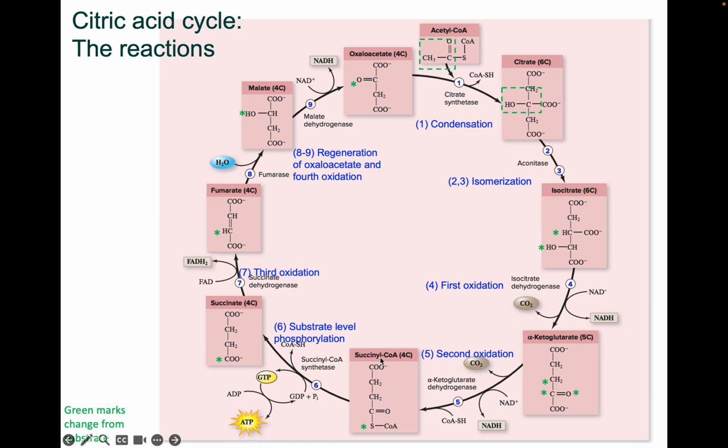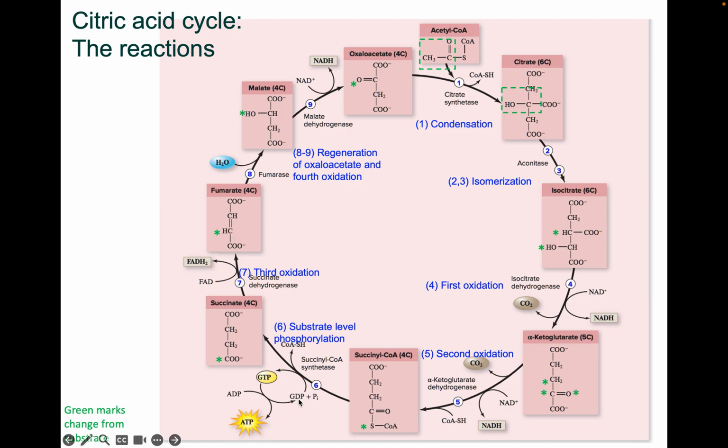Succinyl CoA is then going to be broken from this CoA. When you break this sulfide bridge over here and remove the CoA, you're providing a lot of energy. So when you provide that energy, you're gonna fuel GDP, which is similar to ATP, but is using a different nucleotide, which is guanine.